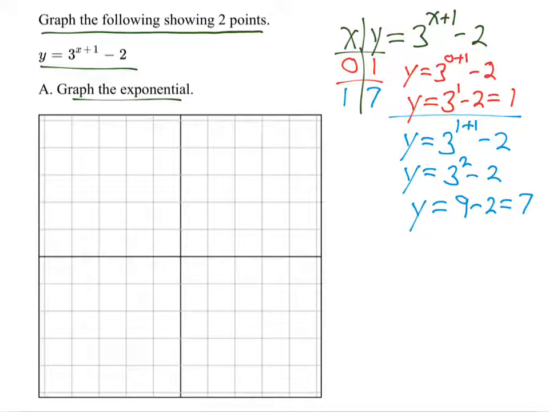It was over 0 up 1 right there. And this next one is over 1 up 7. So over 1 up 1, 2, 3, 4, 5, 6, 7. So over 1 up 7 would be way up there.